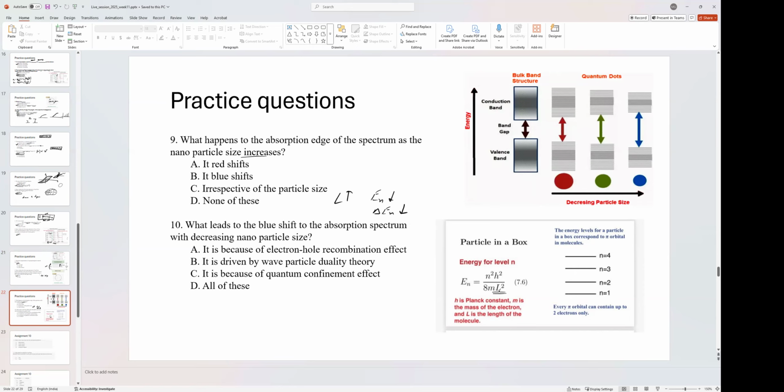If the band gap is decreasing, the energy h nu needed is lesser. That means your wavelength is larger. As the wavelength is larger, you're shifting to the right side, so red shift.